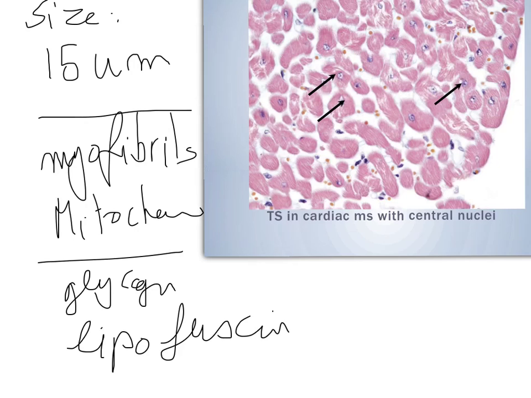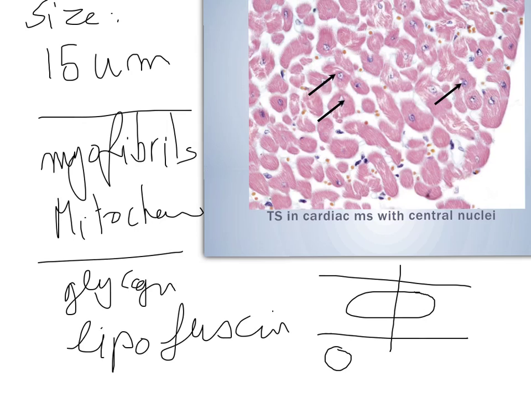Of course, in this section the nuclei appear rounded because it is a transverse section in an oval nucleus. So the nucleus actually is oval, but this is in the longitudinal section. If you cut it in transverse section, you will see it rounded in shape. So the appearance of the nuclei in the transverse section is rounded, while in the longitudinal section it is oval in shape.